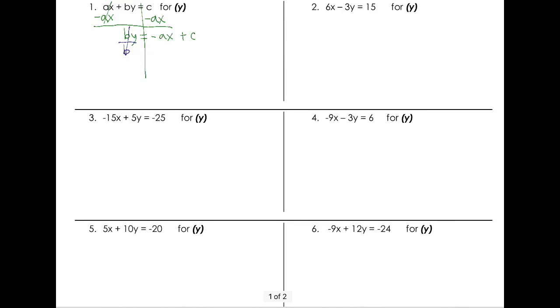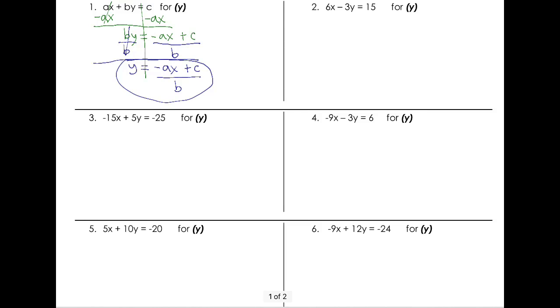Whatever we do on one side has to be done on the other. Once we get rid of our b, that leaves us with y is equal to negative ax plus c, all over b.